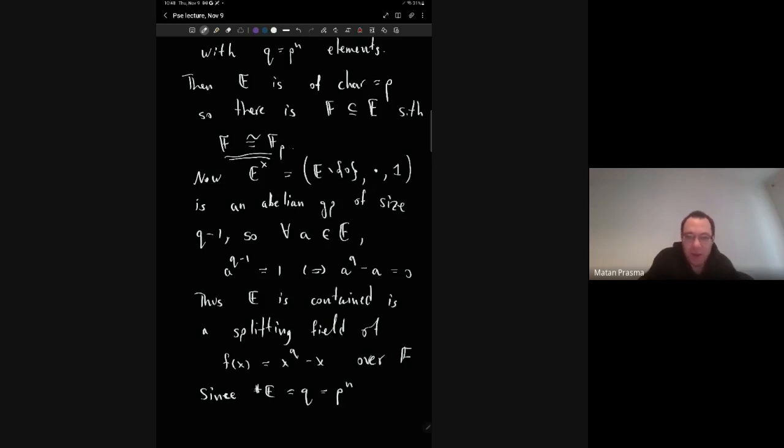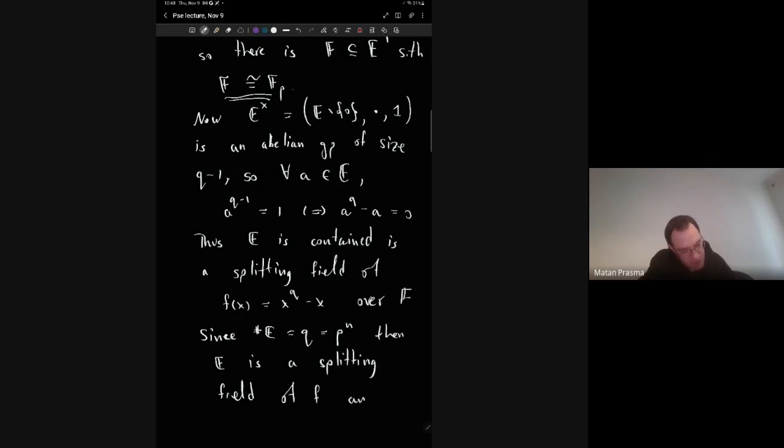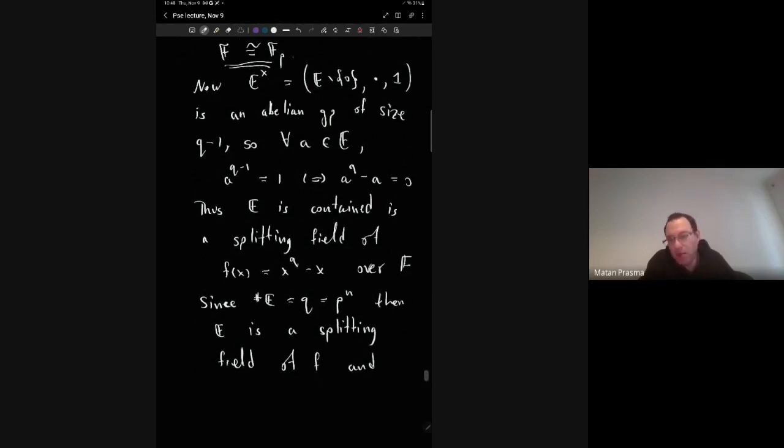This was what we showed in the existence. And uniqueness now follows from uniqueness of splitting fields.